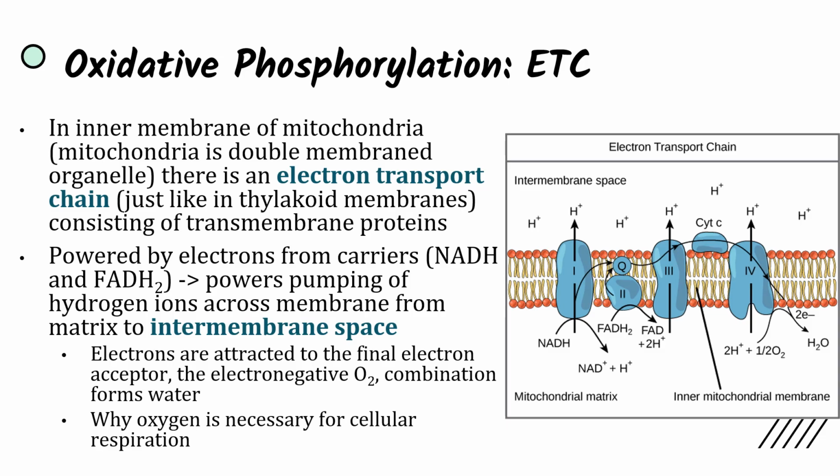And what does the electron transport chain do? It takes electrons from our lovely electron carriers, both NADH and FADH2, and these electrons are going to travel along the chain through each transmembrane protein, and this energy is going to pump hydrogen ions across the membrane from the matrix of the mitochondria into the intermembrane space between the outer and inner mitochondrial membrane.